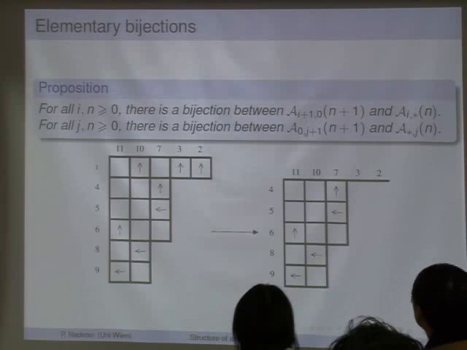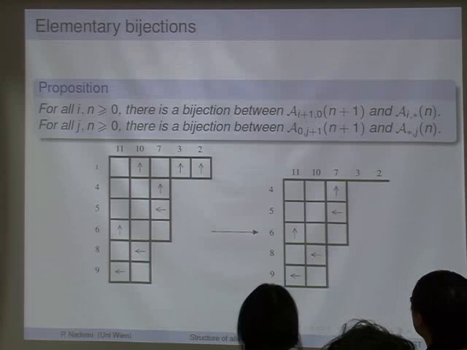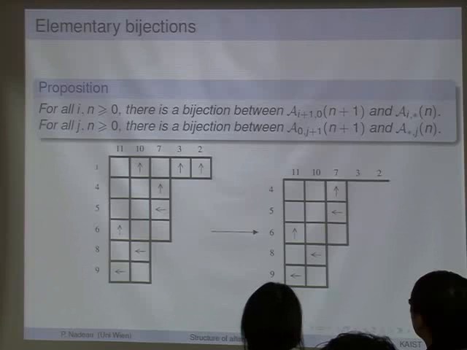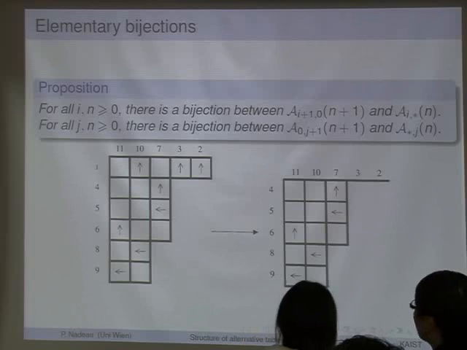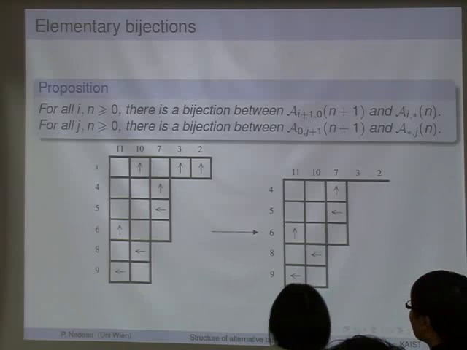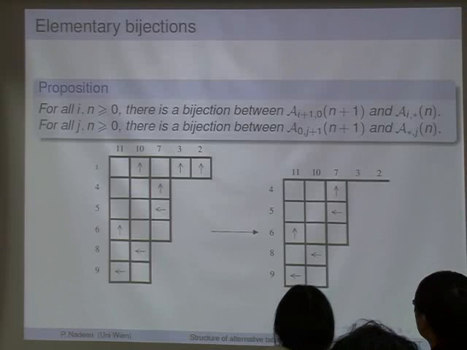You just complete things so that nothing is free at the end. So this is very elementary, but it will be very useful. The second line is exactly the same, but transposing. The empty column is considered as free by definition, since there is no up arrow in it.